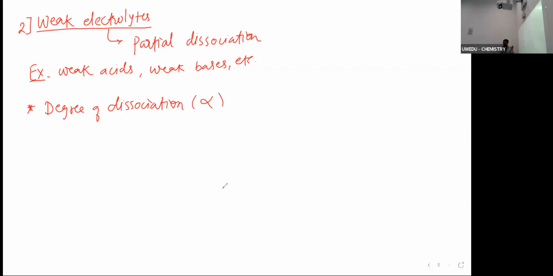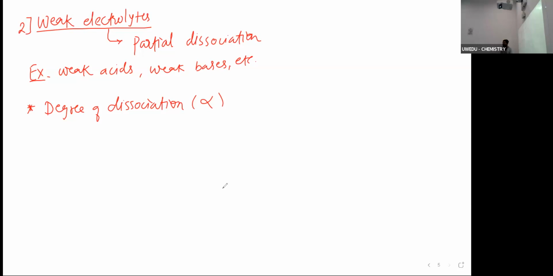So degree of dissociation is a fraction, the fraction of molecules dissociated. Like if we have one mole added and 0.5 dissociated, then 0.5 is its degree of dissociation.